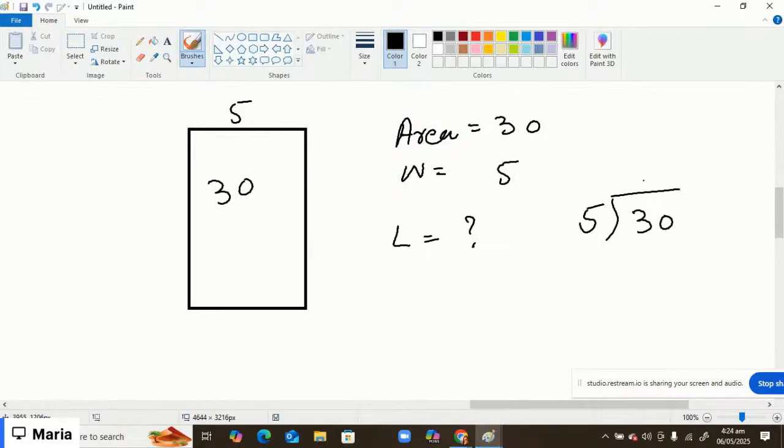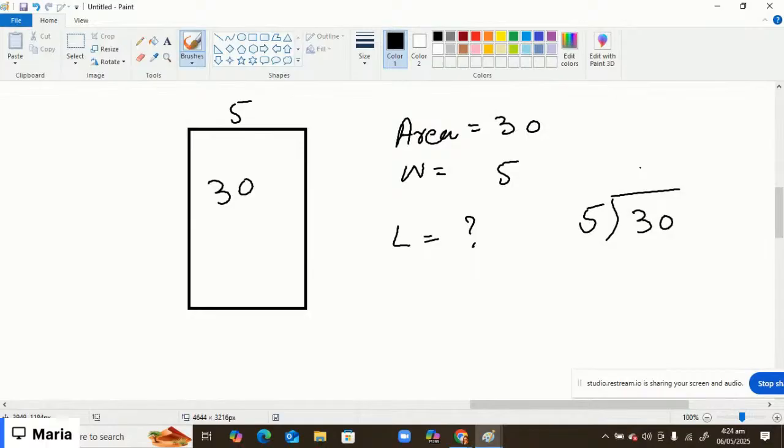So tell me, 5 times which number is 30? 5 times. Everyone tell me in the chat, please. Do it fast. How is it 25?